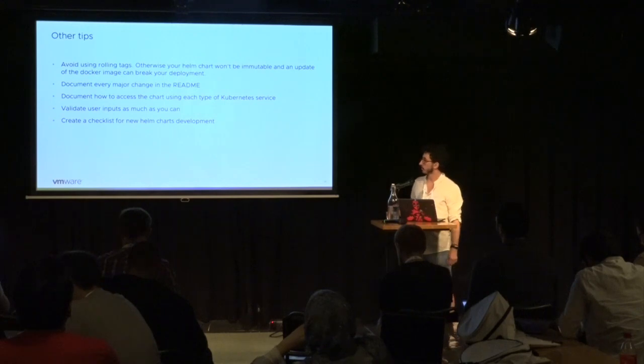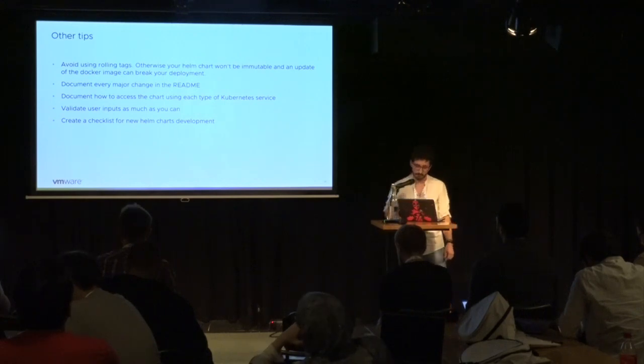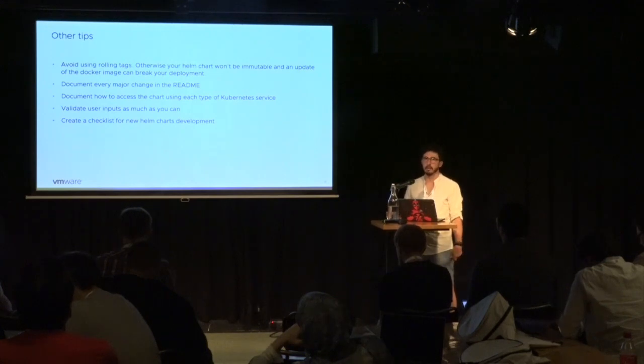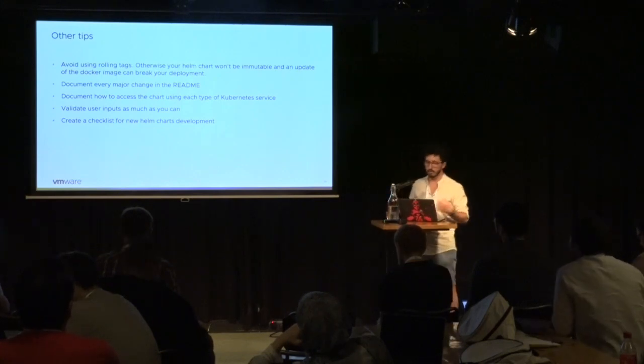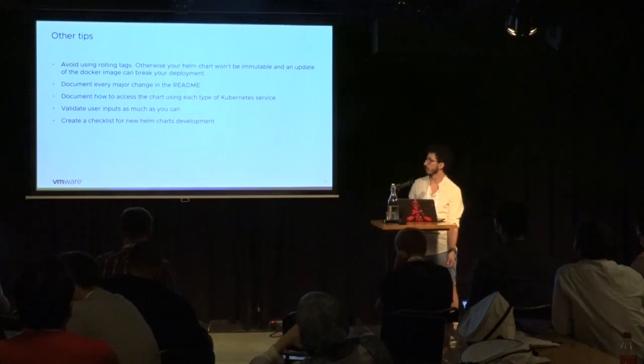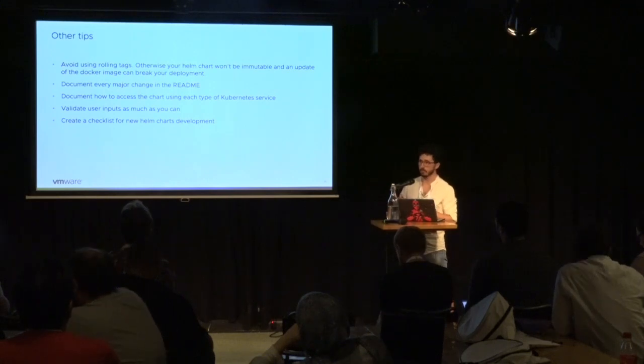Validate user inputs as much as you can. For example, if you know that a clustered version of an application doesn't support more than 5 replicas, don't let the user put more than 5 in the replica count, and this kind of stuff. Or if you know that an application has some requirement for the password, validate the password before it gets to the application.